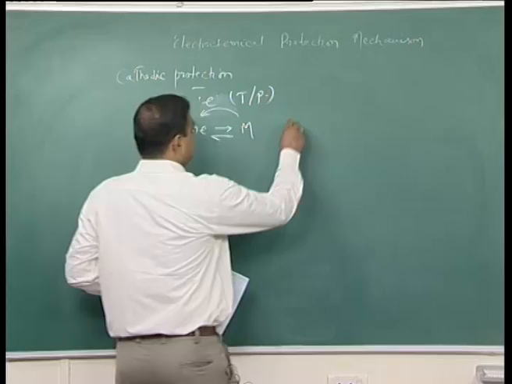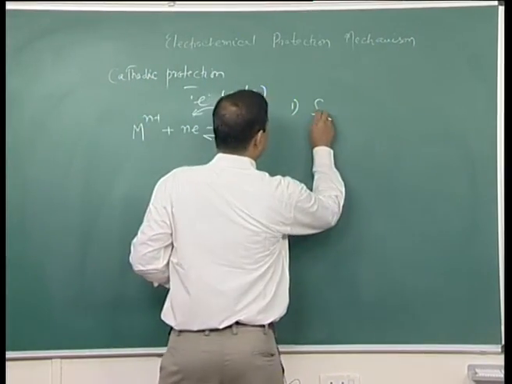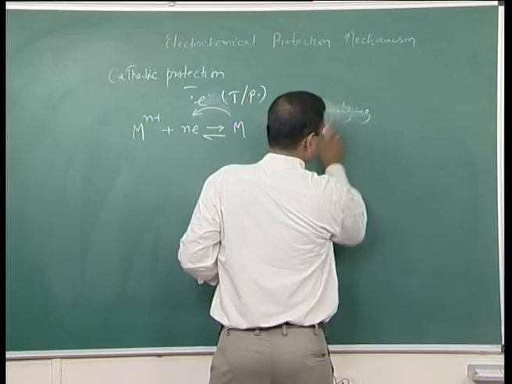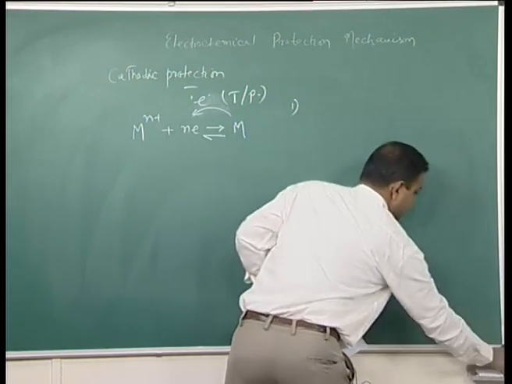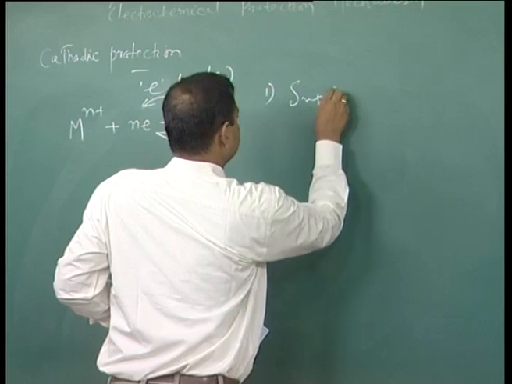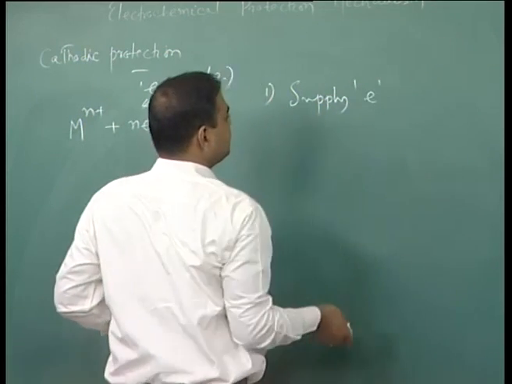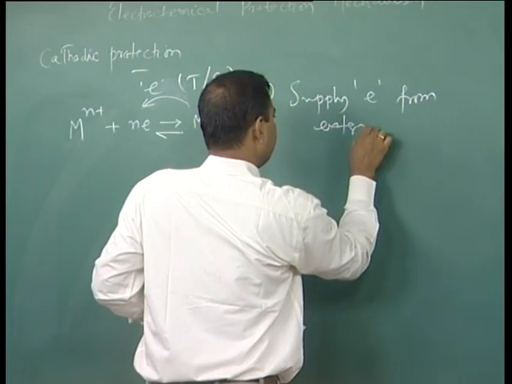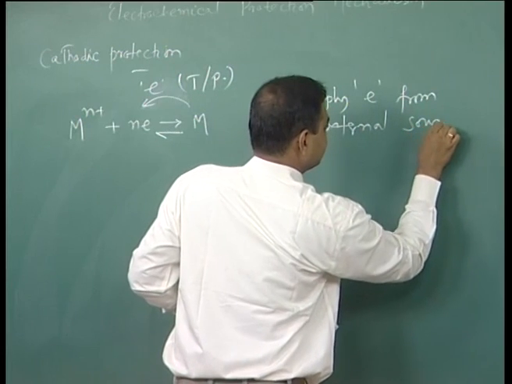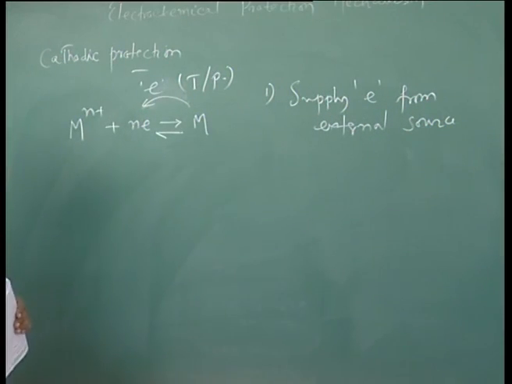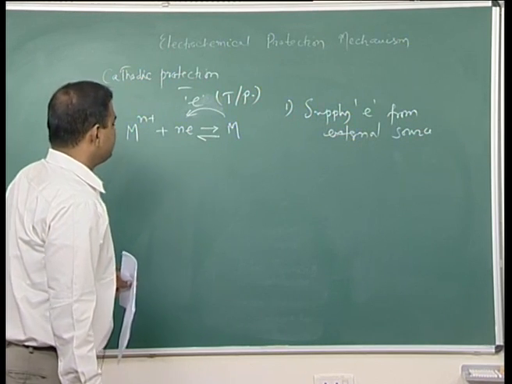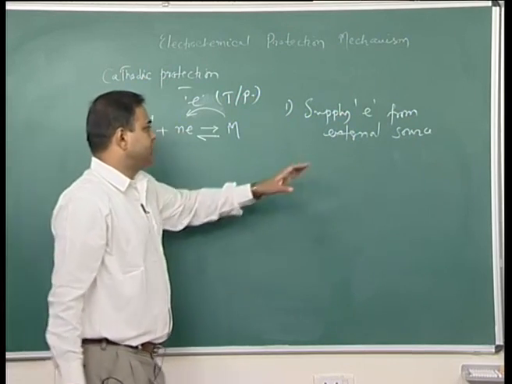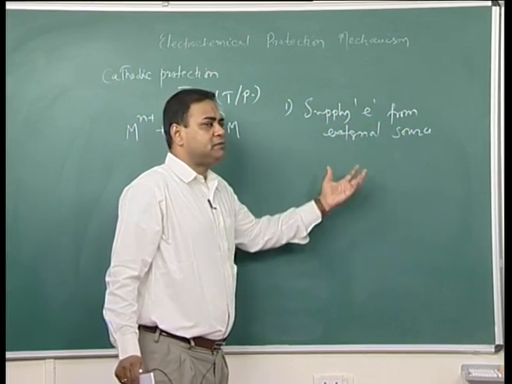The basis of cathodic protection is supplying electrons from an external source. Supplying electrons from an external source means, if you consider it with respect to current, we can supply electrons by applying the negative current.